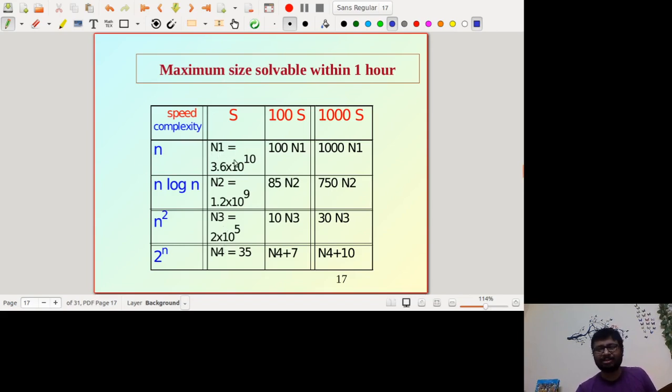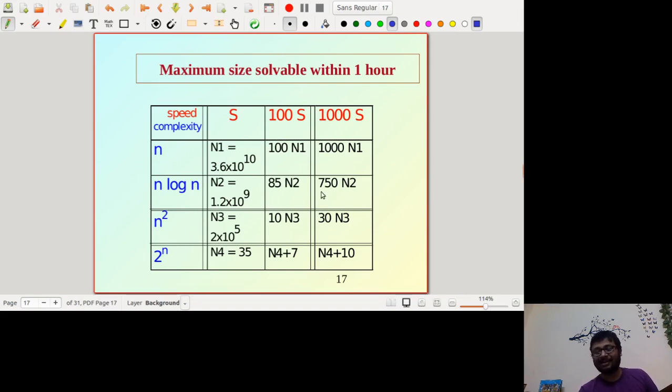Now, as speed becomes 1000 fold, you can solve 1000 times bigger instances in 1 hour if you are running the algorithm that runs in linear time. That's a fantastic improvement. If you are running this other algorithm, and the speed becomes 1000 fold, then you cannot handle 1000 times bigger instances.